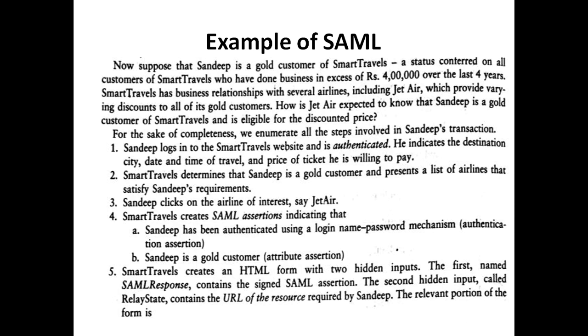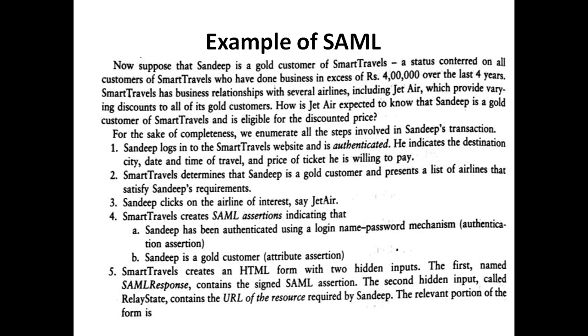He is presented with a choice of airlines satisfying his requirements. After clicking on his preferred airline, Jet Air suppose, he is seamlessly directed to the website of that airline where he makes a reservation. Now suppose that Sandeep is a gold customer of Smart Travels, a status conferred on all customers of Smart Travels who have done business in excess of rupees 4 lakh over the last 4 years.